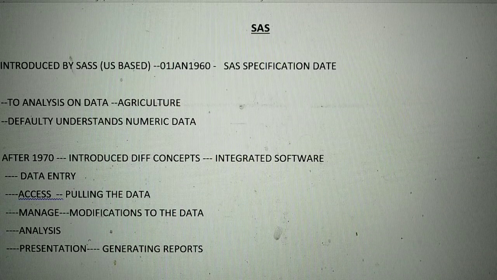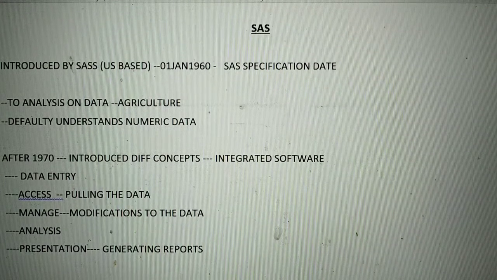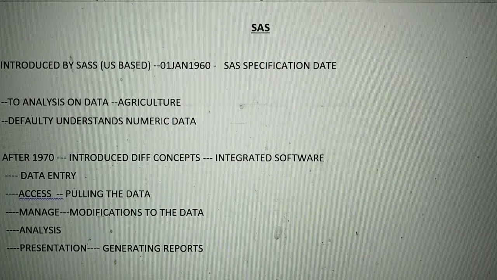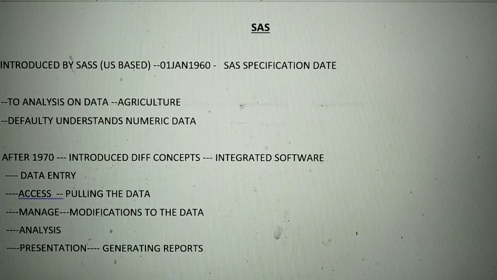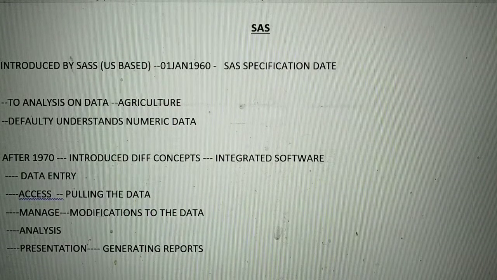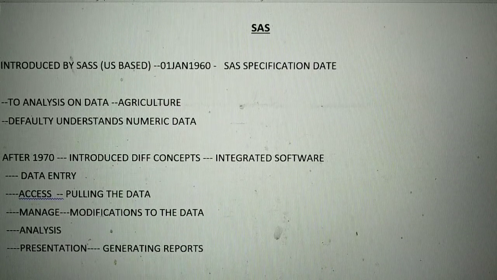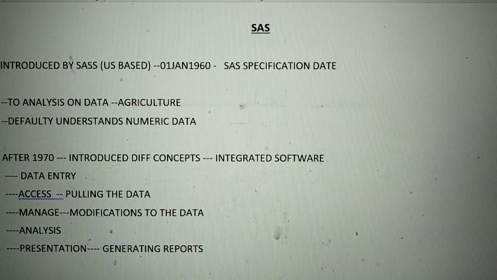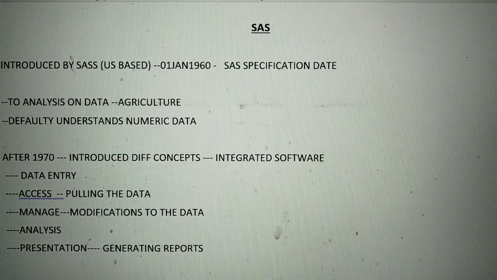In order to make SAS understand other types of data, that is character, dates, formats and all that, we need to specify them specifically in the SAS environment. Later, after 1970, different concepts were introduced into SAS, and from there onwards it is called an integrated software. So let's see what the different concepts are that were introduced.